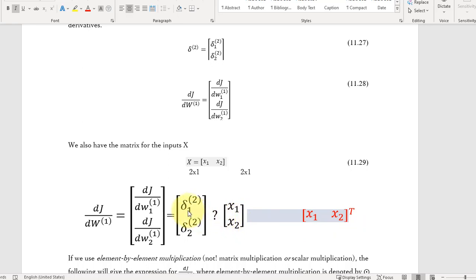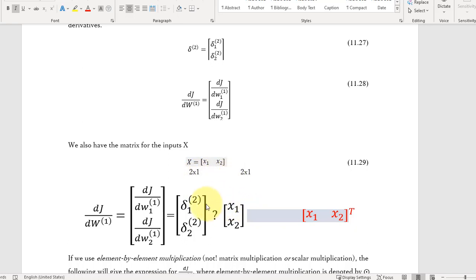What I really want is a 2 by 1 matrix, just like this, where the first element is delta 1 x1, and the second element is delta 2 x2. But matrix multiplication doesn't work, because we just said this is a 2 by 1 and this is a 2 by 1. We can't even multiply them.